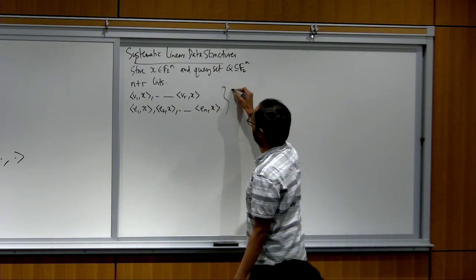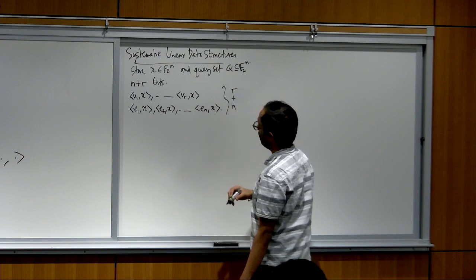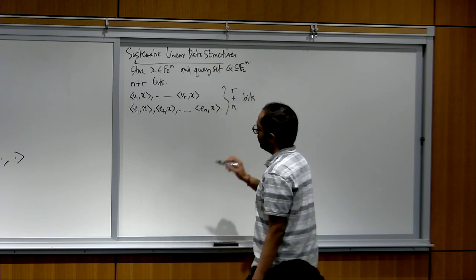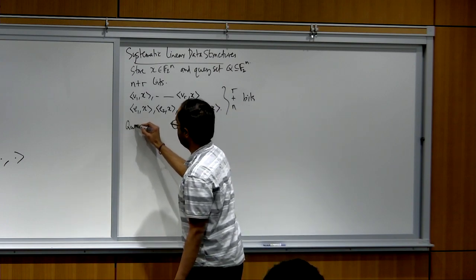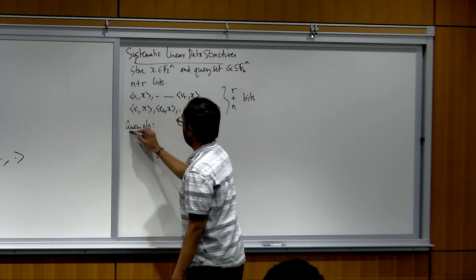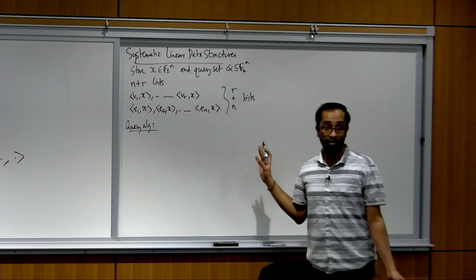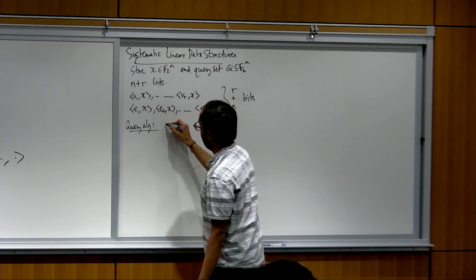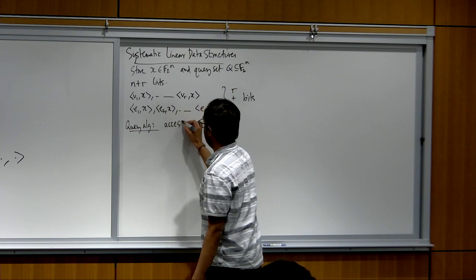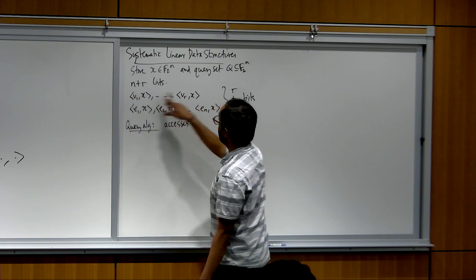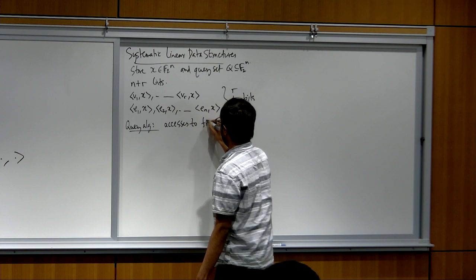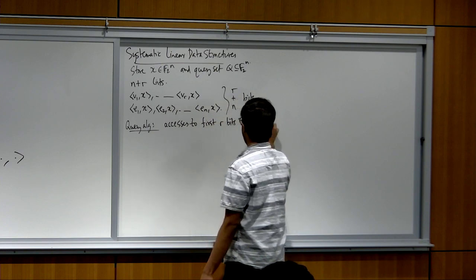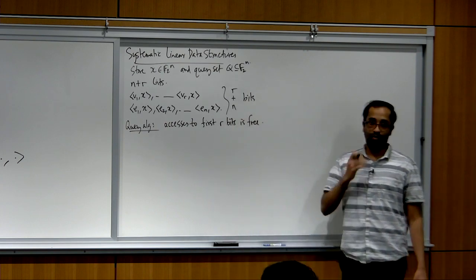So you store r plus n bits, and the query algorithm again will access a subset of these bits, but accesses to the first r bits are free.